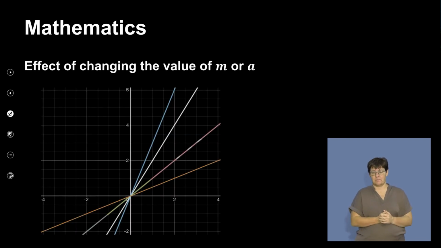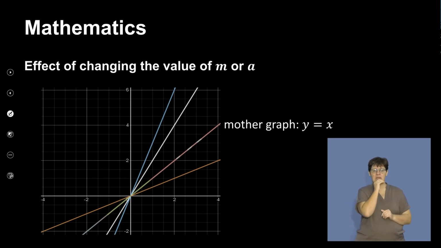Now the effect of changing the m or the a. Firstly, we need to look at which one is the main graph here. The main graph, we call it the mother graph, is y equals x, right? Now I want to change this around. Changing it means that I must change the m or the a value, which is normally in front of the x.